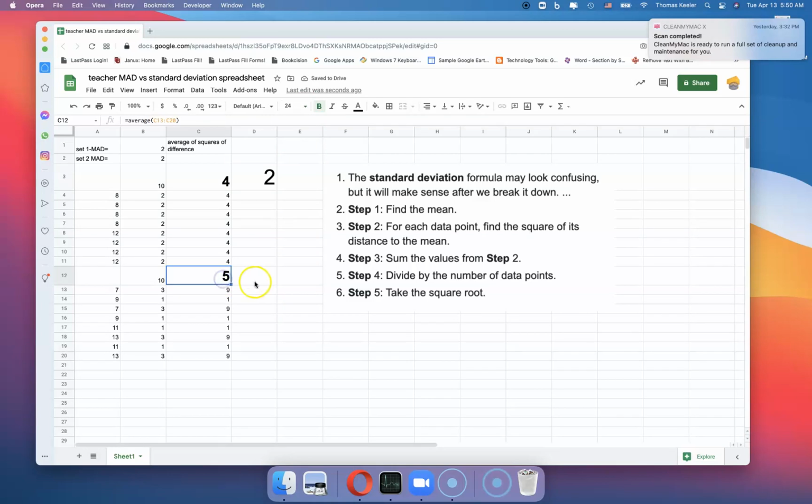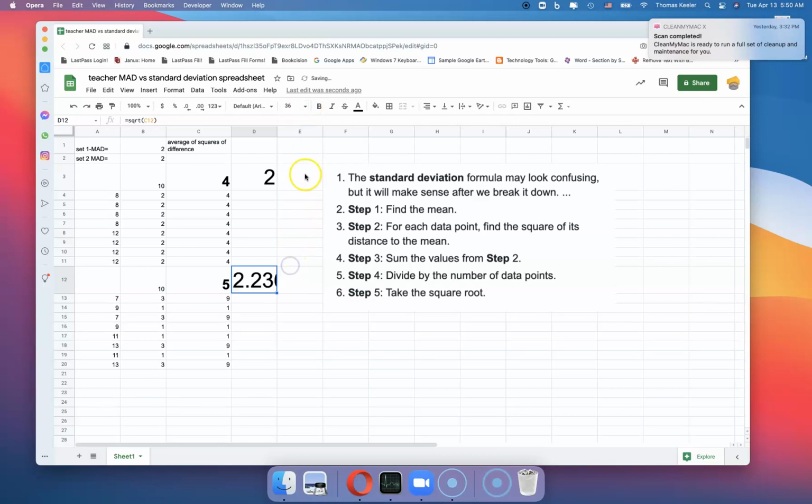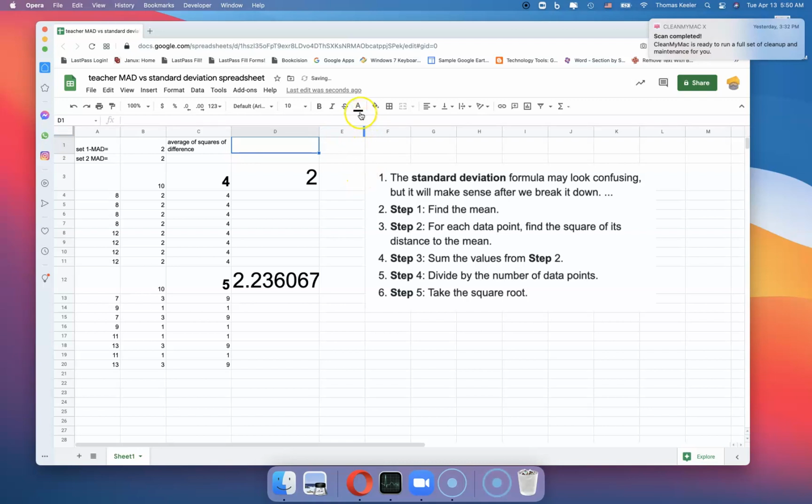And then over here, what happened? We say equals the square root of C12. And we get 2.2. And the thing we're trying to see is, why is it different? Why did we get a different value?